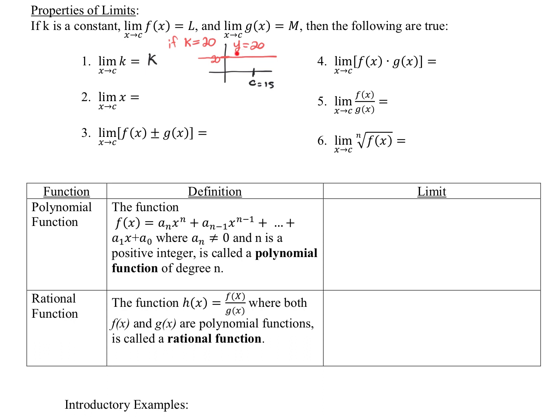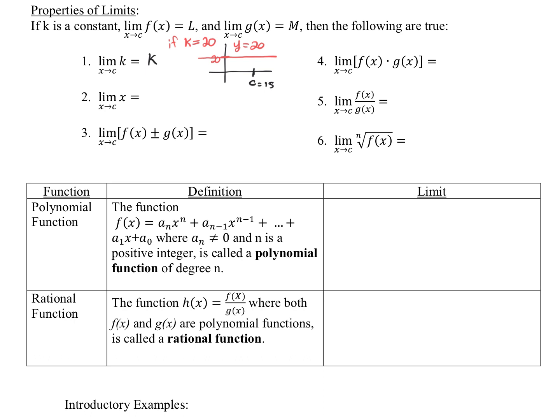So if you were on this graph and you start approaching 15, what is the y value that we're getting closer and closer to if you come in from the right or if you come in from the left? I hope that this graph illustrates, well, of course, the y value is just 20 because that's what we were on the whole time. So that's the meaning of this property. If k is a constant, it doesn't matter what x value we're approaching, the limit of the constant is always going to be equal to itself.